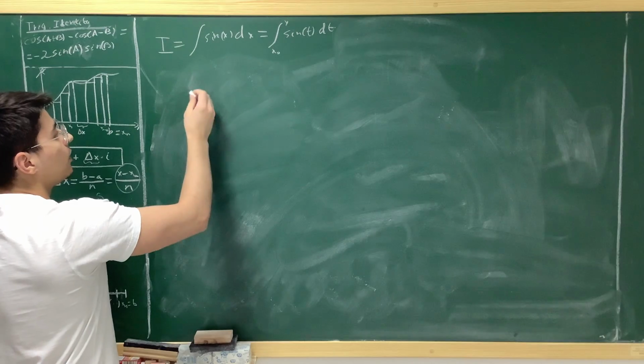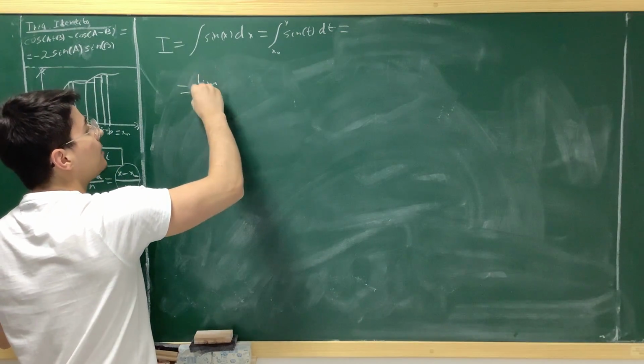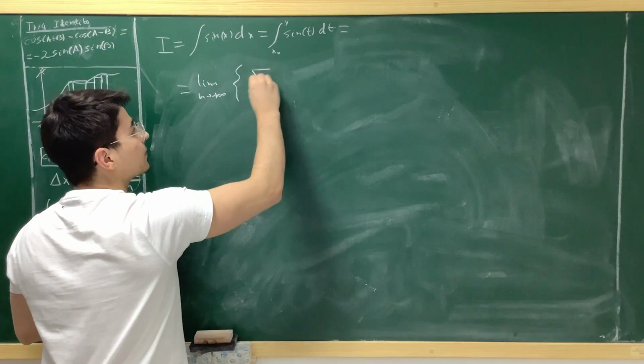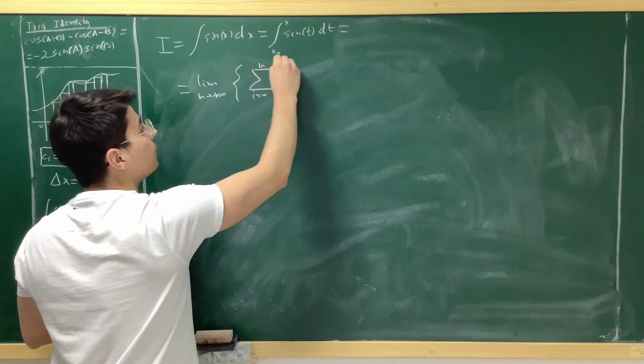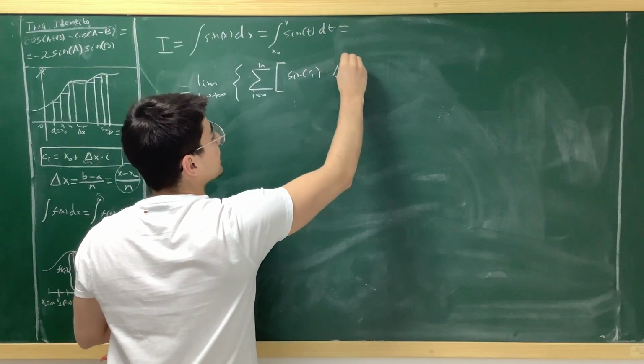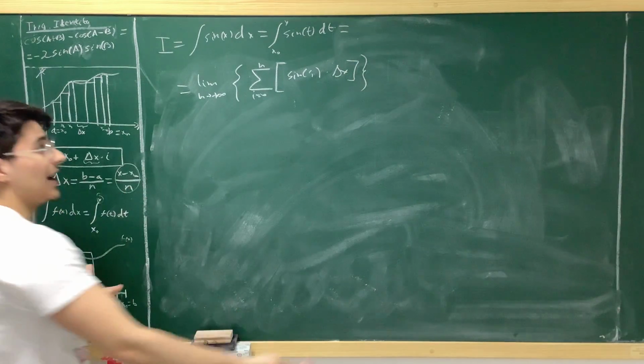So let's just do it. And this is just the limit when n goes to positive infinity of this sum, the sum going from i equals 0 to n, of the sine of ci times delta x. But ci, as I said, is x0 plus delta x times i.